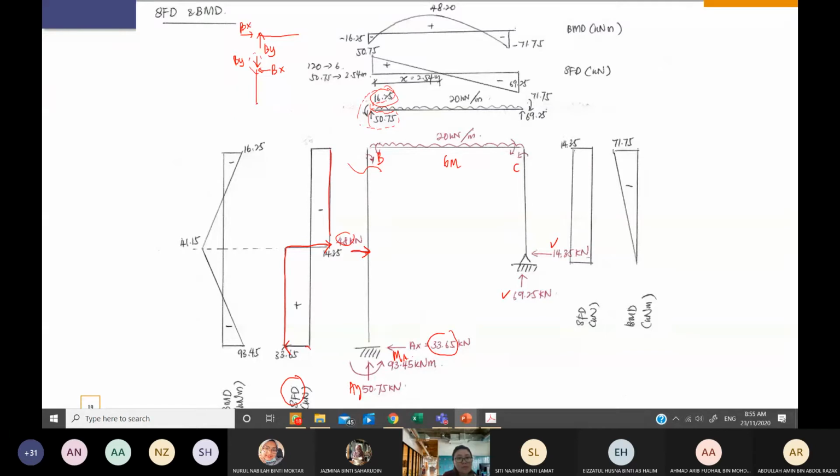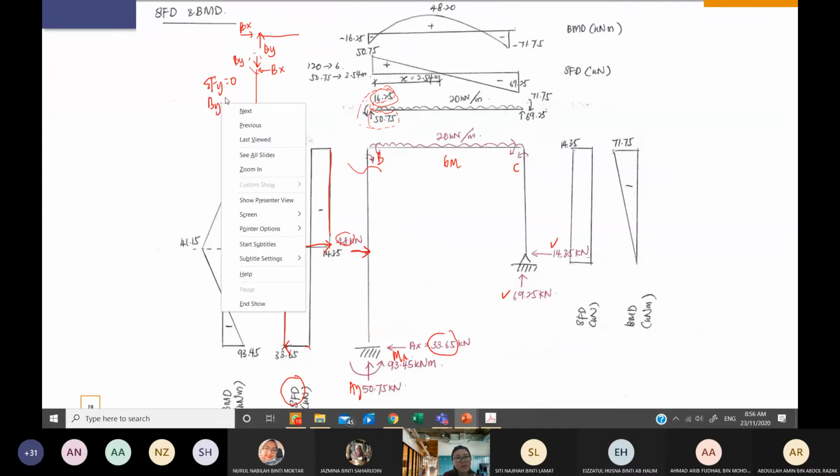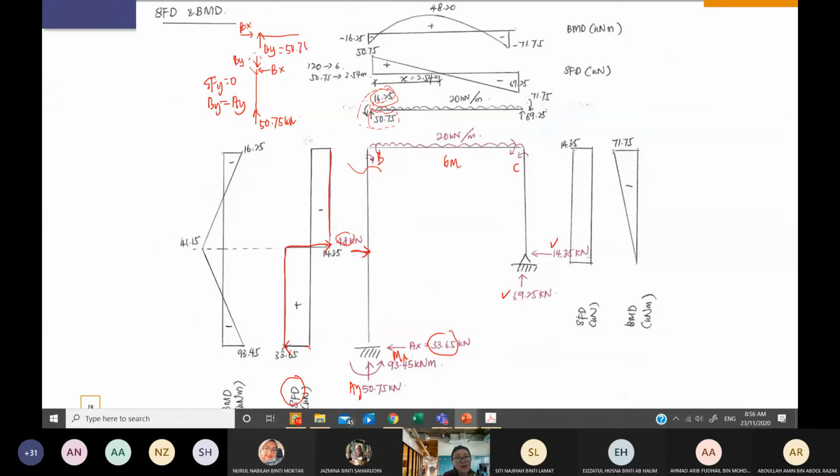So from these systems, you can see that the one that deals with by is this ay. The rest will not be contributing to this, because you can put in summation fy equal to 0, by is actually equal to ay. Okay, so therefore ay is also equal to 50.75.